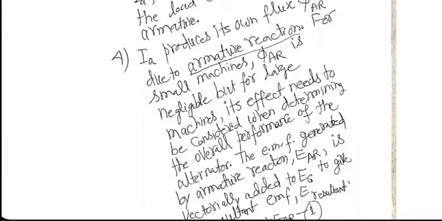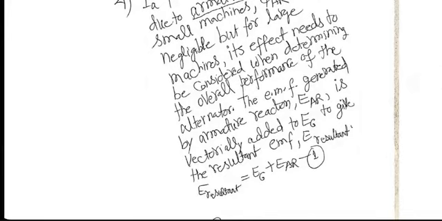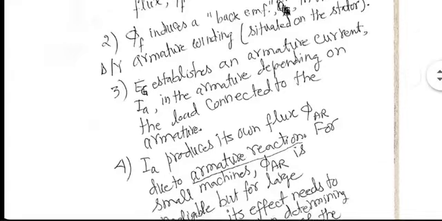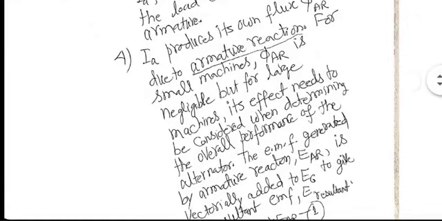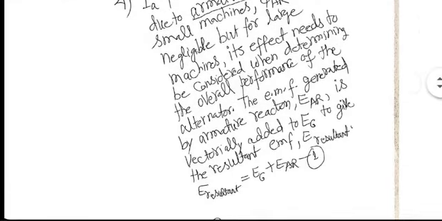So the EMF generated by armature reaction, which I am going to denote by EAR, is added to the back EMF generated EG. This is a complex summation, okay? To get the total voltage, which we are going to call E resultant.